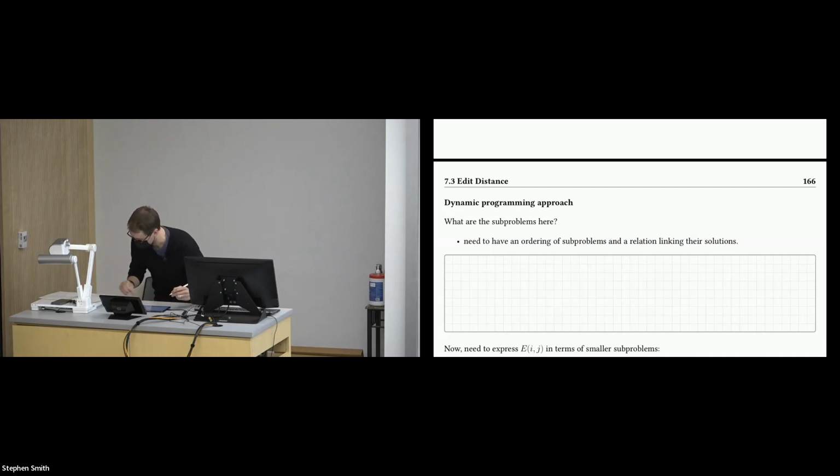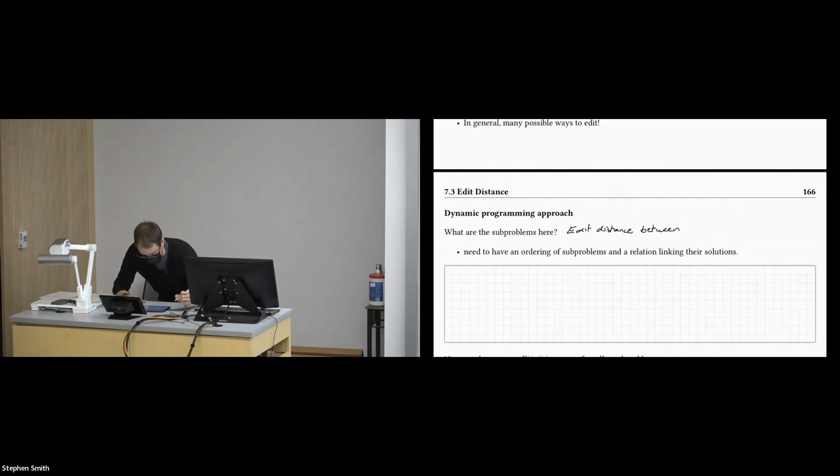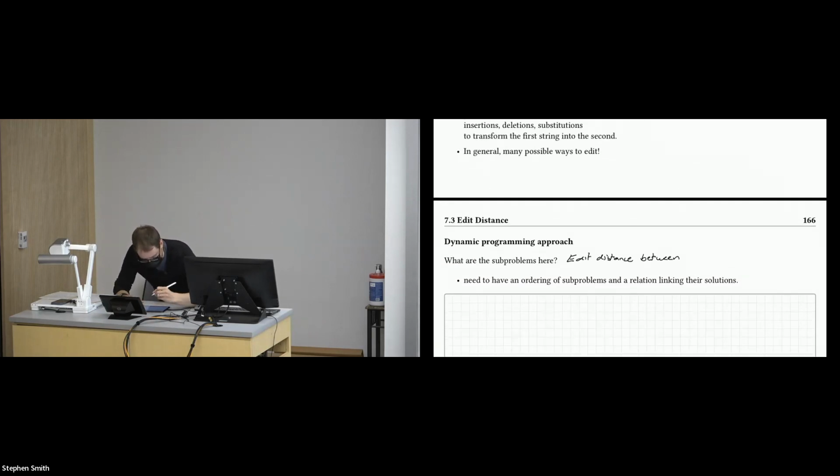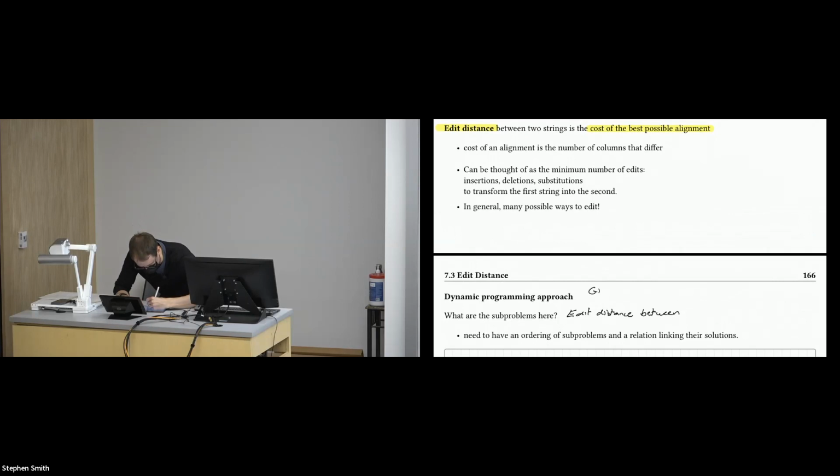The subproblem is going to be edit distance. Let's say our input is given x, which is a string of length m, and y, which is a string of length n.